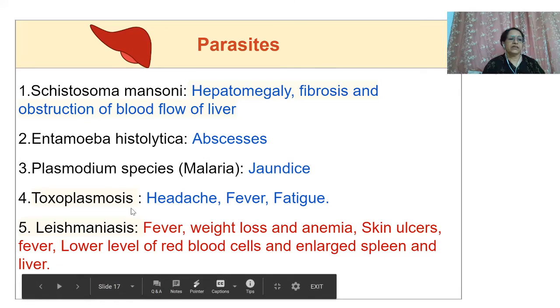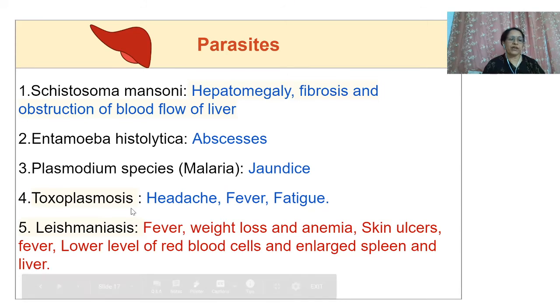Next disease is by Toxoplasma gondii, and the name of the disease is toxoplasmosis, where there is headache, fever, as well as fatigue in the patient. And lastly, leishmaniasis.